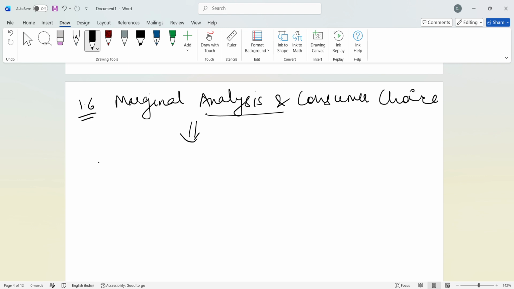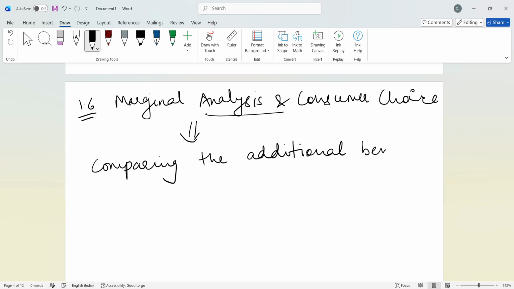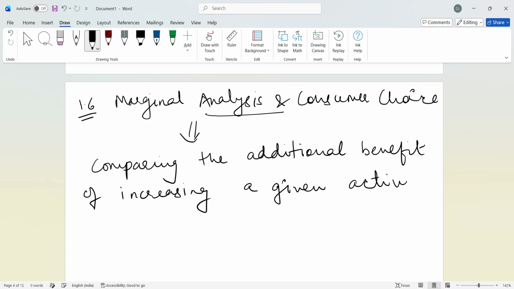Marginal analysis basically involves comparing the additional benefit of increasing a given activity with the additional cost.